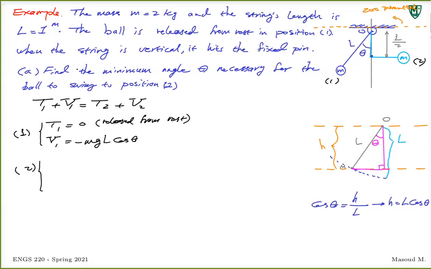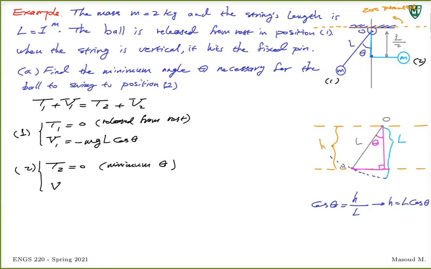I don't need more energy. That means that velocity at position 2 should be 0. T2 is 0. Minimum theta. If it didn't say minimum angle, then this would have been a problem we probably couldn't solve, because any angle more than theta still does the job. More than minimum theta still does the job.